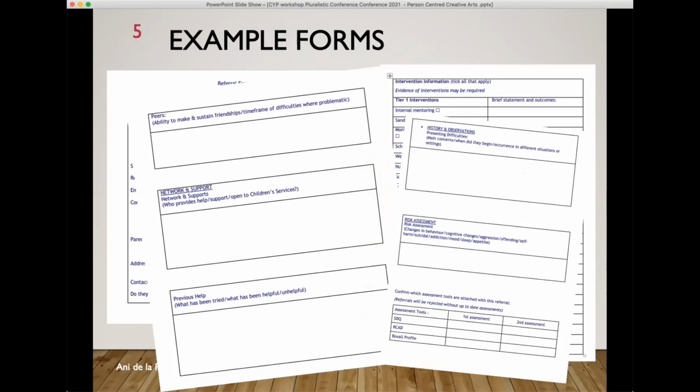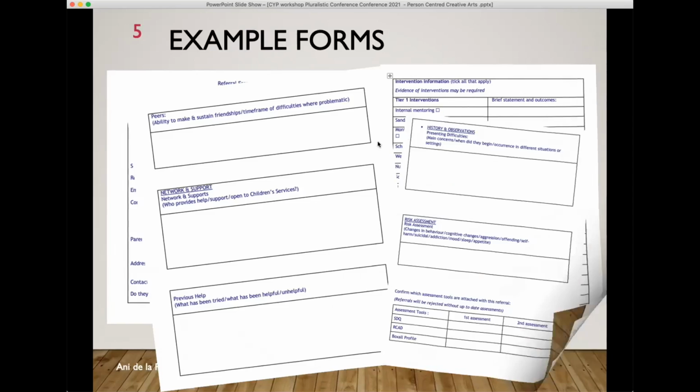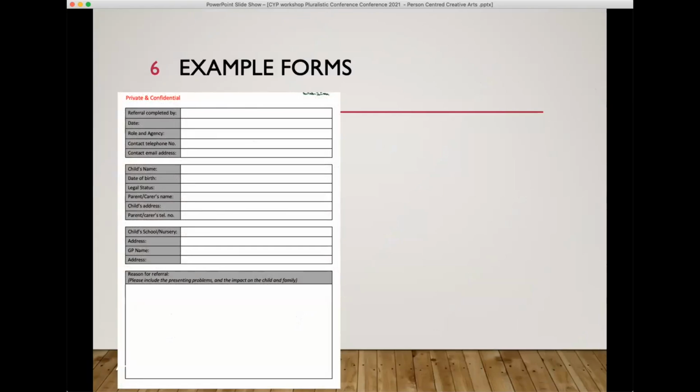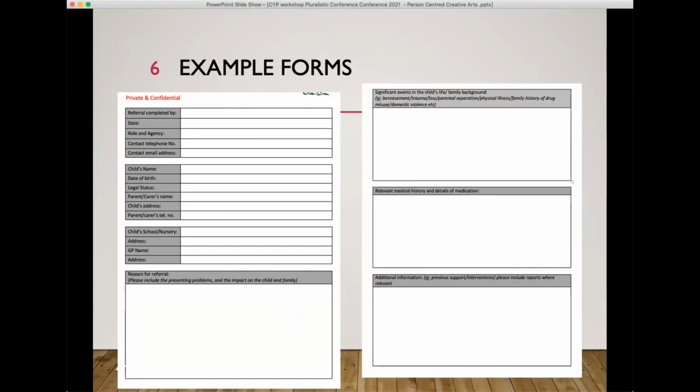And then there's something at the bottom about assessment tools that might be attached, so whether an SDQ will be used or one of the other tools. All looks pretty standard, doesn't it? So we'll have a look. Here's another one. Again, similar information: date of birth, name, reason for referral to include presenting problems and impact on child and family, significant events.